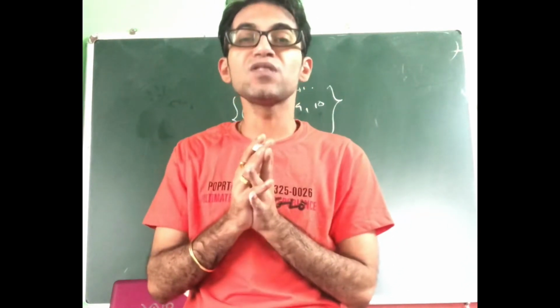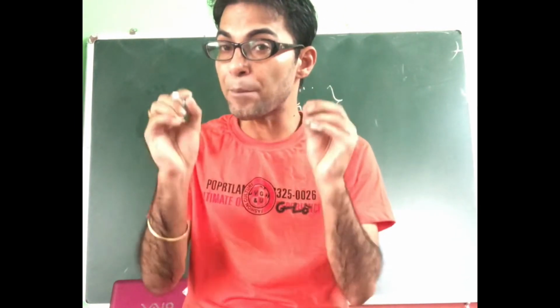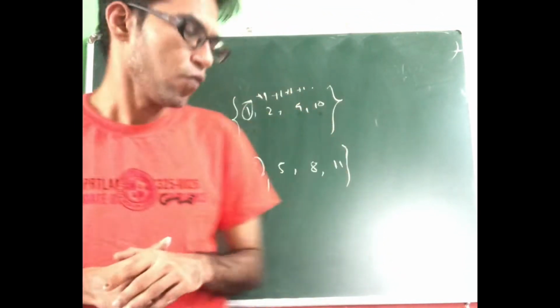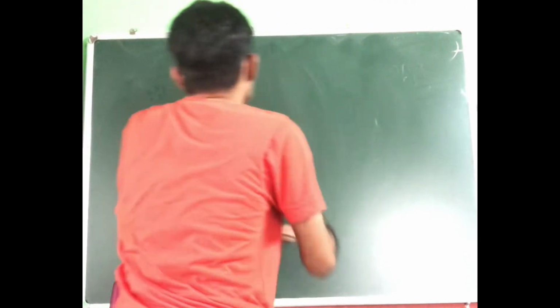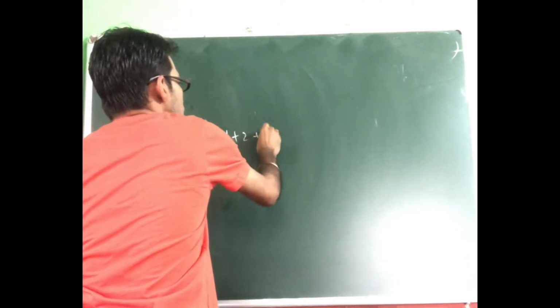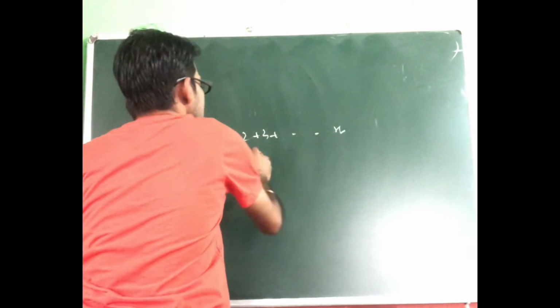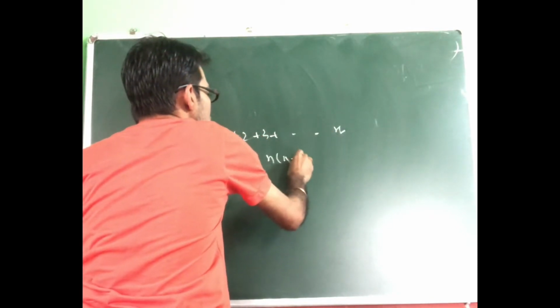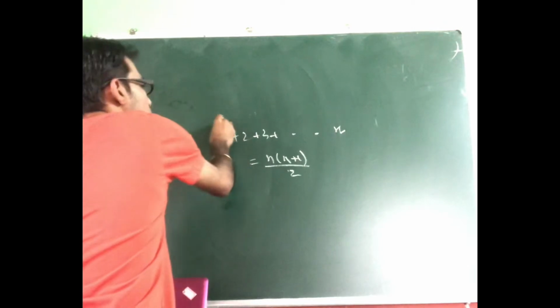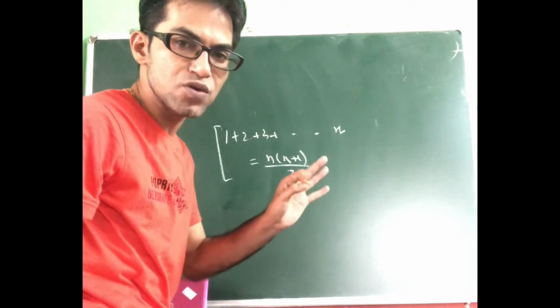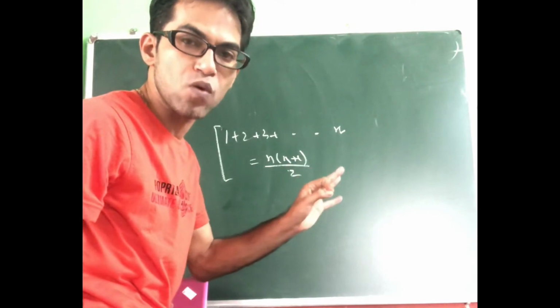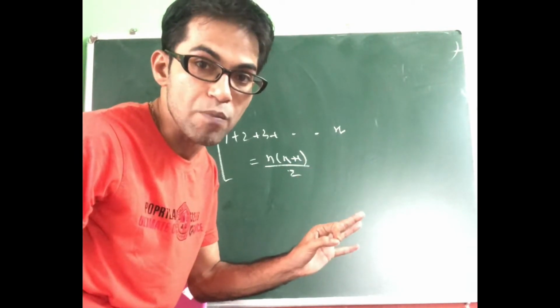In order to solve a problem using mathematical induction, the first and foremost thing we do is we try to see whether the statement holds true for the base case. Let's say we all know that 1 plus 2 plus 3 all the way till n is equal to n times n plus 1 by 2. If I am required to prove this statement using induction, the first thing I need to do is see whether this statement holds true for n equal to the base case.